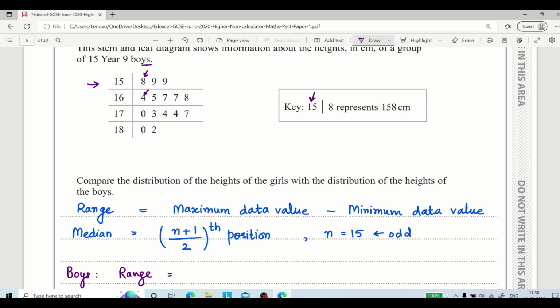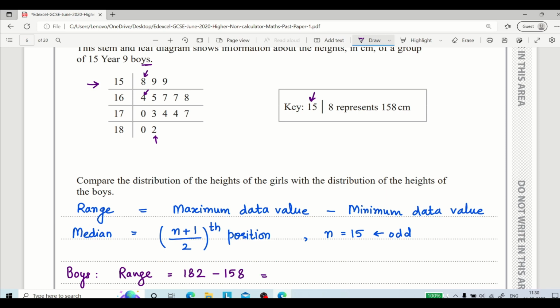If it is 4, it is 164, and so on. Okay. So now what is the highest value for range? It should be 182. Right. So I'll write it down, 182 minus what will be the minimum value? 158.